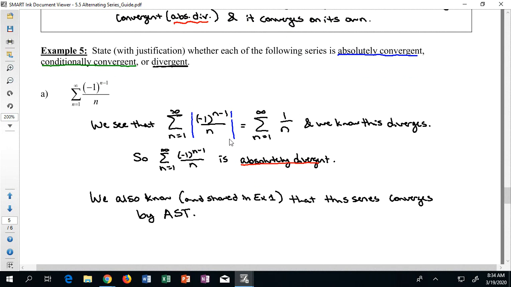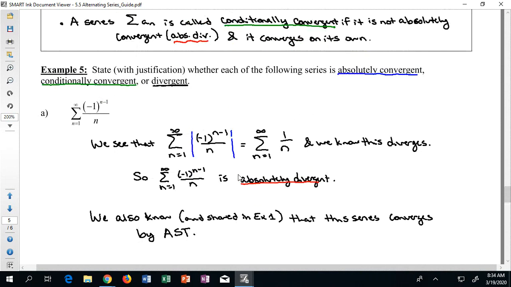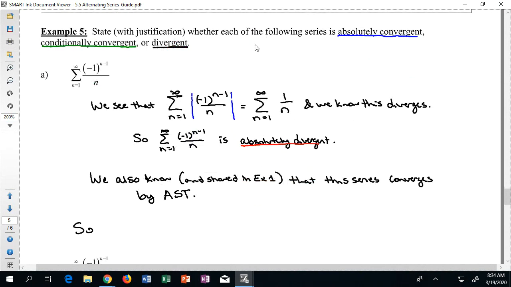So it converges totally on its own and has the red title. Well, that means it can have the green title. So I will say that this series is conditionally convergent. It gets the green title.